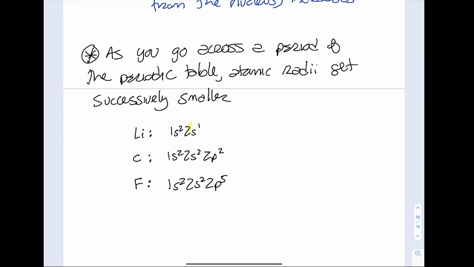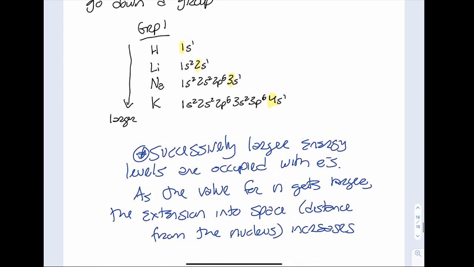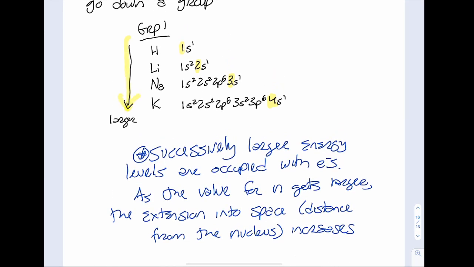So my highest occupied shell for all of these is 2. If I'm in the same period, the same row, I'm not occupying a different size shell. As we go down, larger and larger shells are occupied with electrons. If I look back up at this trend, I'm going from shell 1 to shell 2 to shell 3 to shell 4 as I go down.